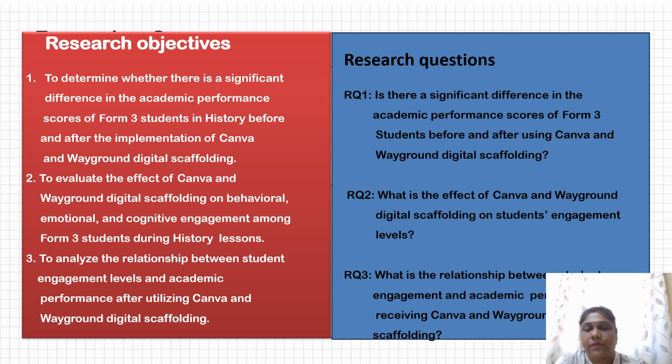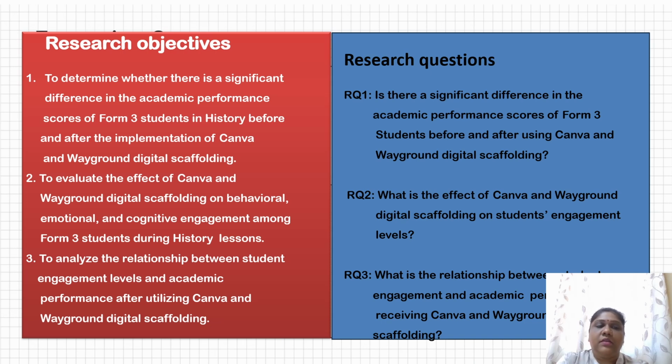The next slide explains the research objectives. The first objective is to determine whether there is a significant difference in the academic performance scores of Form 3 students in history before and after the implementation of Canva and Baamboozle as digital scaffolding.